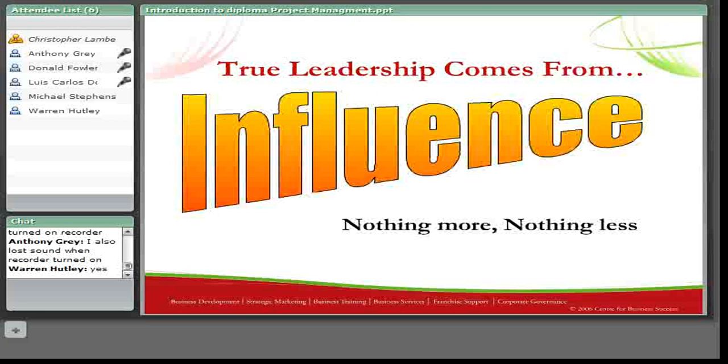If you want to be a project manager, it's about leadership and it's about influence. It's nothing more or nothing less. No influence, no leading. So influencing one another is a very, very important part of this.